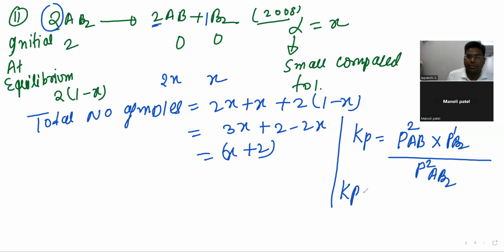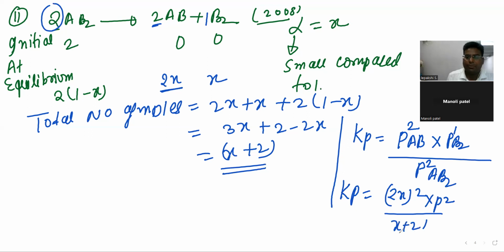Now put the values. Kp is equal to, as we know the value for AB is 2x, so 2x raised to 2, and write the P form also, into P square divided by total number of moles, x plus 2, also squared because the coefficient is 2.